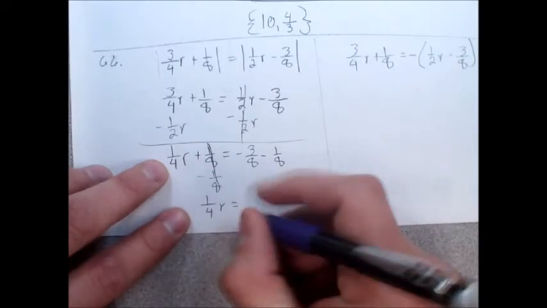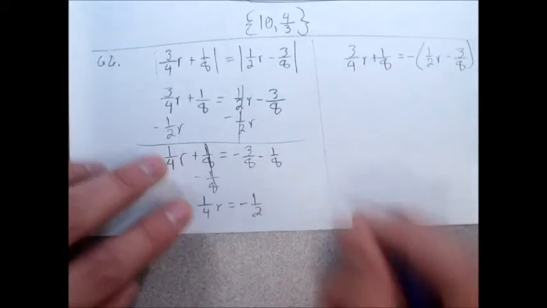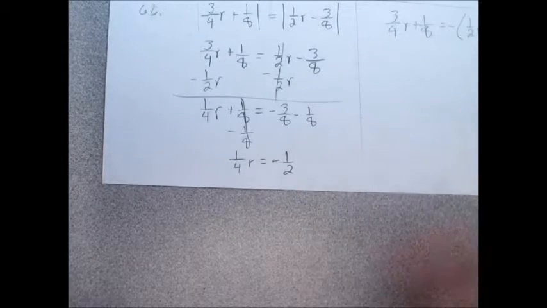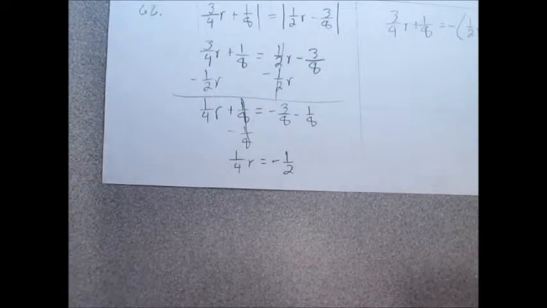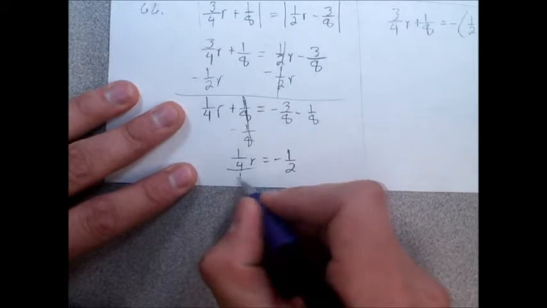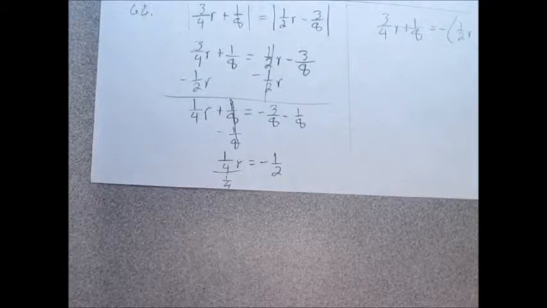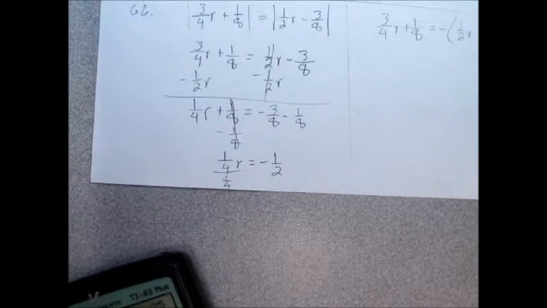Okay? Negative 1/2. Now here's the part that people get really confused on, but in reality we're doing the exact same thing. If we're multiplying by 1/4, what are we going to do to get rid of a multiply by 1/4? Divide by 1/4, right? Or multiply by 4 is what Taylor's telling us to do, which is, in her opinion, a lot easier, and I agree.